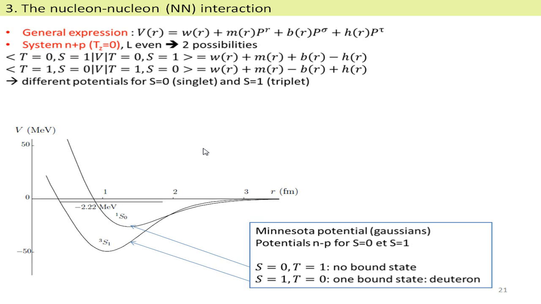Yes? The general expression, when you compare the PR, P sigma term? Okay, that's a good question. You know that the product PR, P sigma, P tau equals -1.